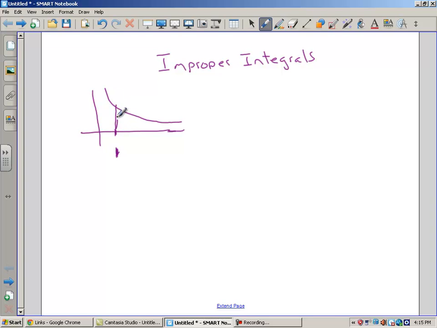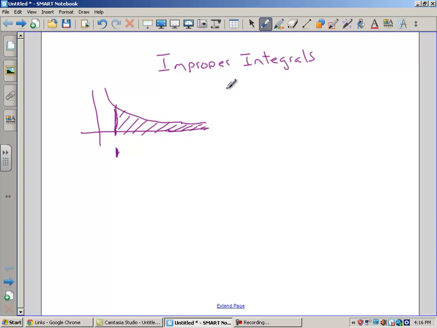Usually we would stop somewhere over to the right, 2, 3, 4, 5, but let's say we wanted to keep going all the way out to infinity. What we would want to know is, is this an infinite amount of area, or does this graph approach the x-axis fast enough so that the area becomes negligible and we actually have a finite number for our integral?